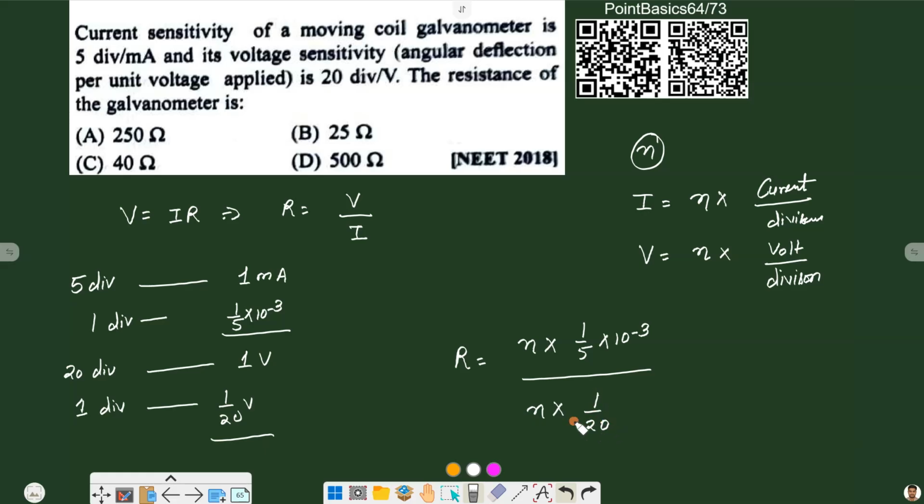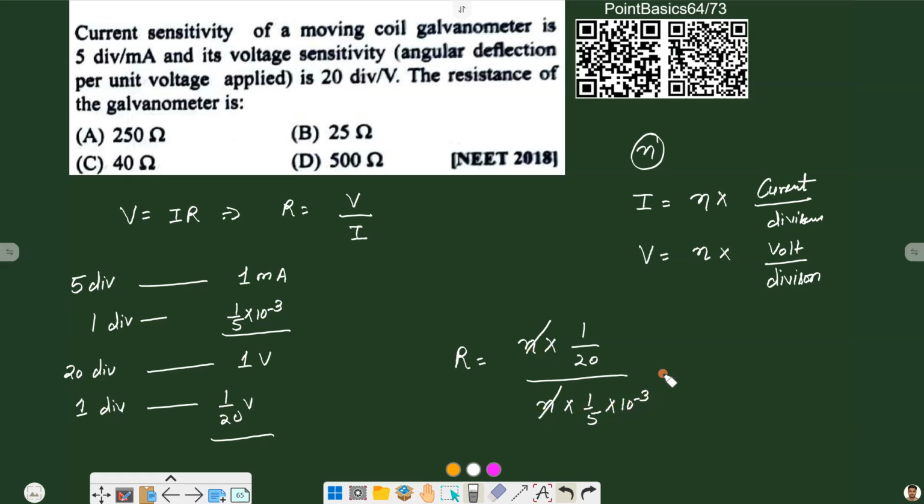Oh, sorry, we wrote it inverted. It should be volt by current, not current by potential. So first we need to write the potential, N into 1 by 20, divided by the current, N into 1 by 5 into 10 raised to power minus 3.